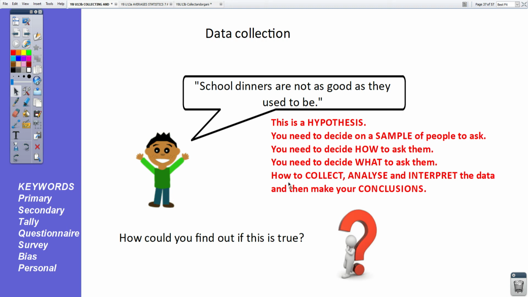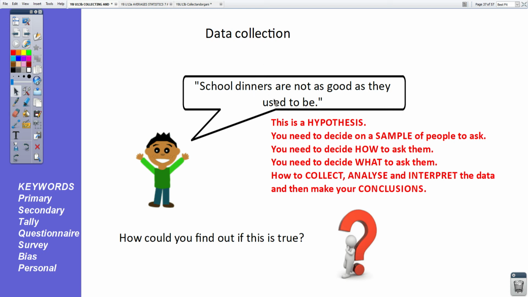You need to decide how you're going to collect the data. Once you've got the data, how are you going to analyze it? How are you going to interpret the data? And then how are you going to make your conclusions based on this? So there's lots of different things that you've got to do before you can make the conclusion that school dinners are not as good as they used to be.